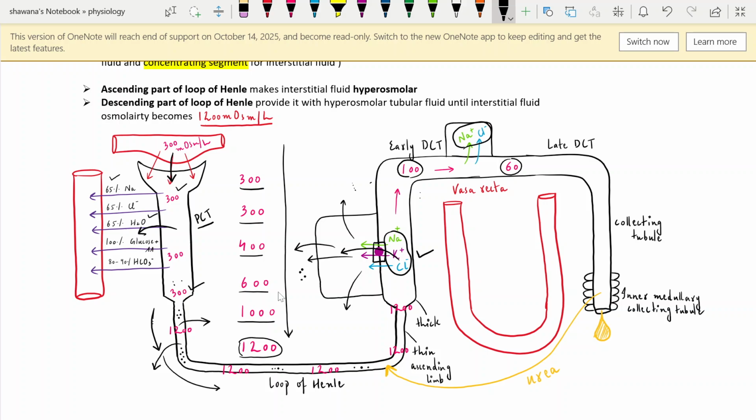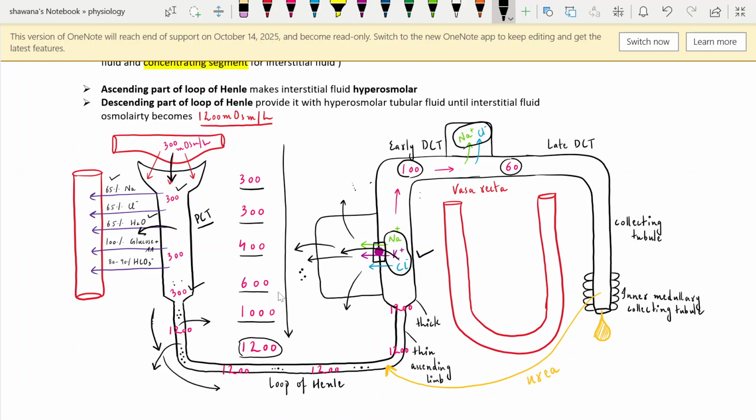Eventually, the tubular fluid starts to become hypoosmolar, okay, because the solutes have been washed away, and the interstitial fluid starts to become hyperosmolar. It means that the thick ascending part, to be more specific, contributes to the hyperosmolarity of the medullary interstitium.